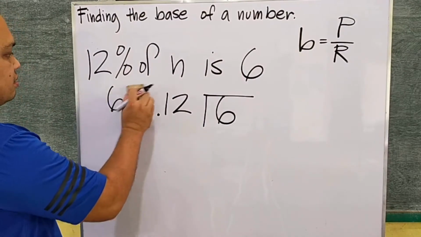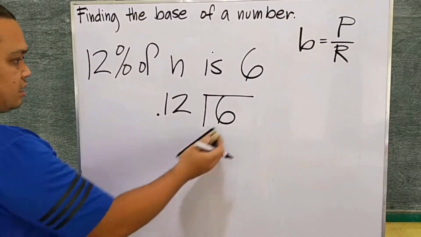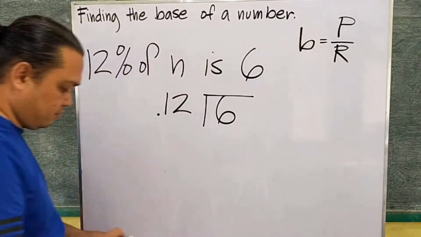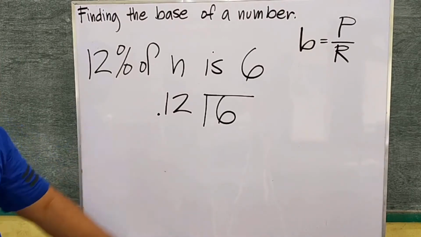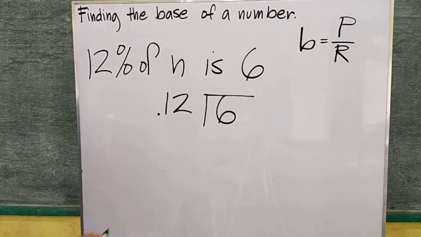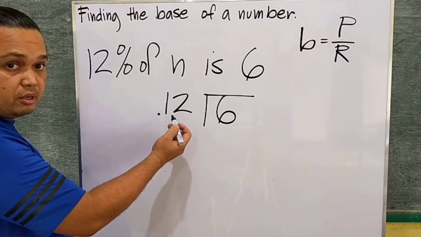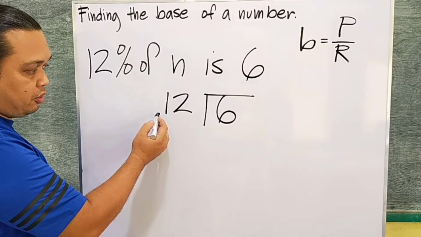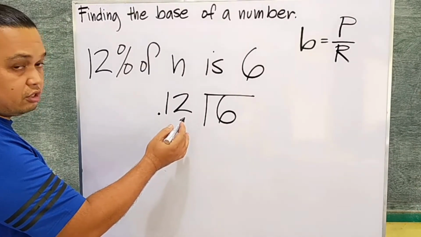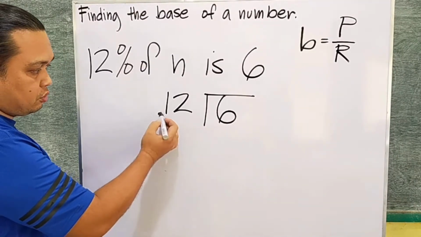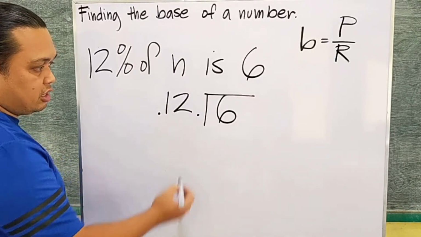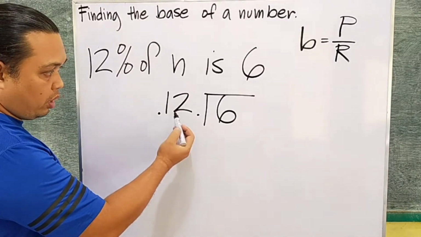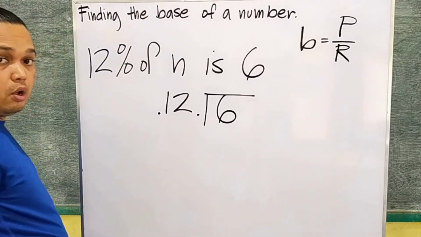6 divided by 0.12. Now we are dividing by a decimal number. And to divide a whole number by a decimal number, just change this decimal number into a whole number. How? By transferring the decimal point to the right, which is 2 steps, 1, 2. So 0.12, which is a decimal number, becomes now a whole number.